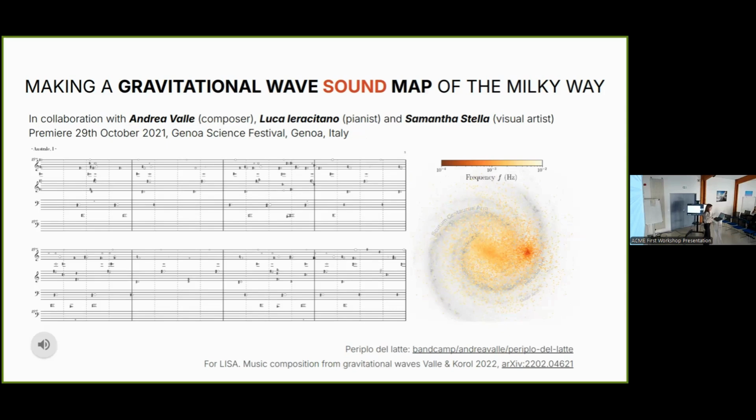So the music that you will hear is really like trajectories in this LISA simulated galaxy, and we will hear frequencies and amplitudes coming from the simulations. So I'll play a few bits.